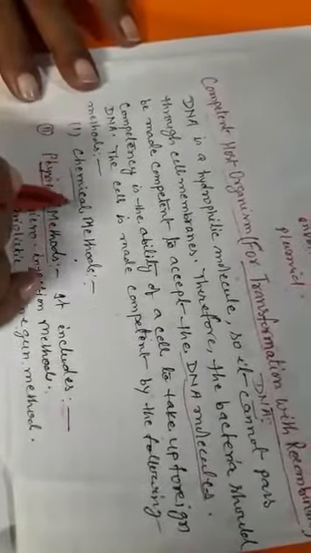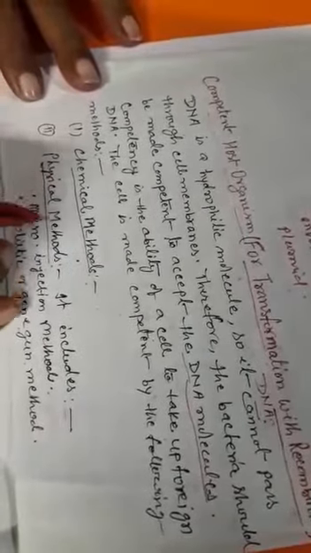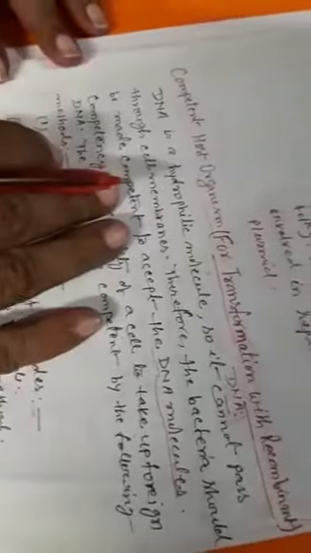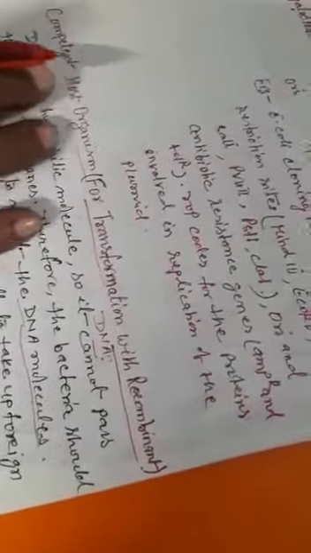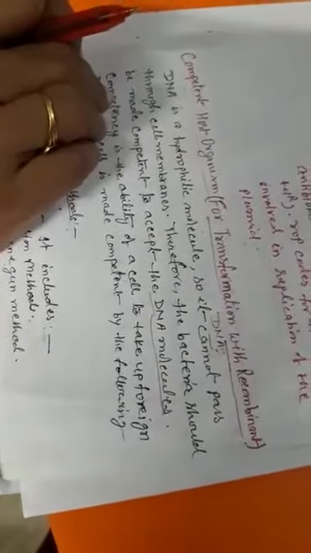First is chemical methods, second is physical methods, and third is disarmed pathogen vectors. So there are three methods for transformation with recombinant DNA. First we discuss chemical methods.